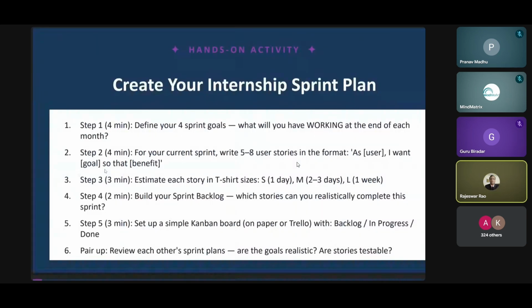So just to summarize your life as an internship, in this project, I would suggest that every day you spend about 10-15 minutes in creating a sprint plan.